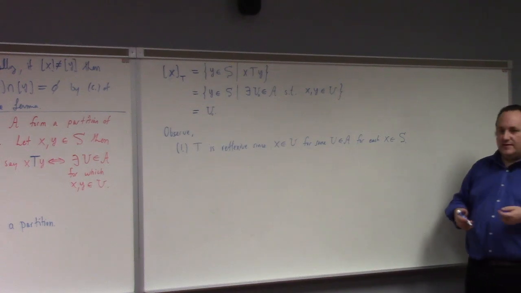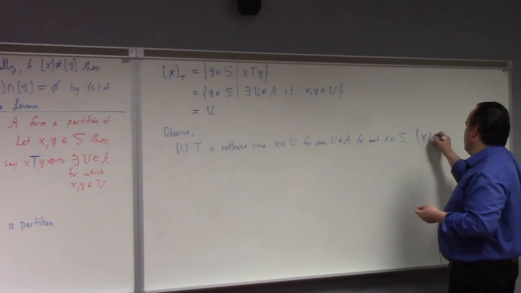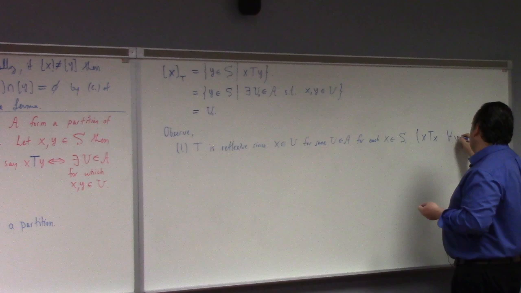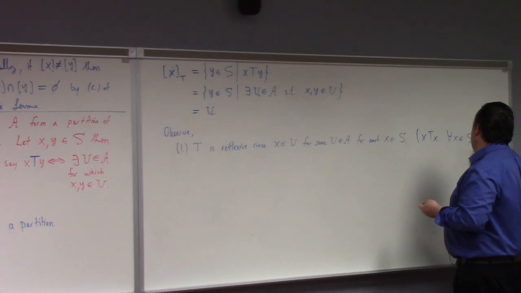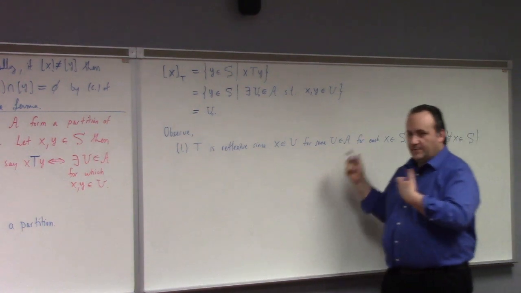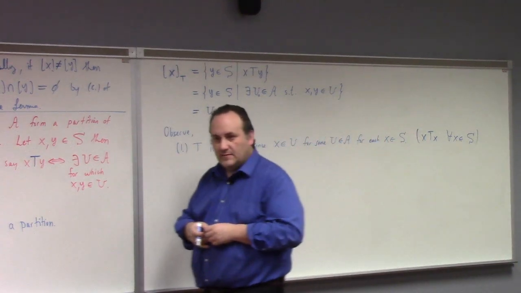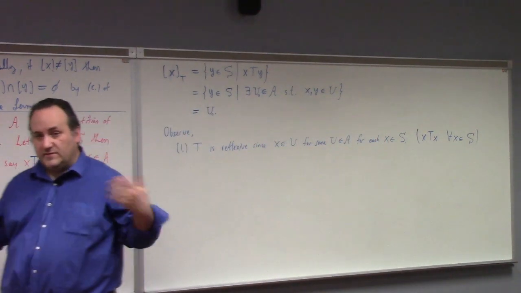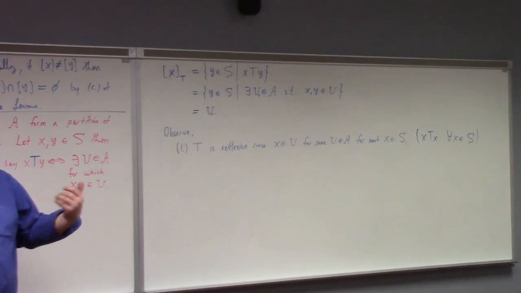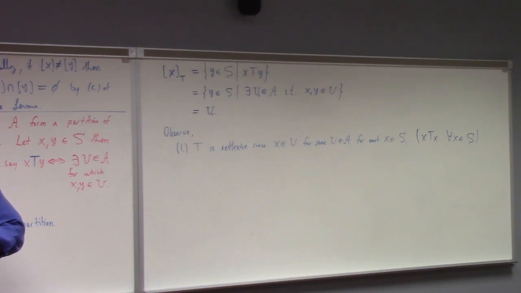Which means that, translating through our definition, x is t related to x for all x in S. How do I know that there is a u in the partition where x is in? What did we assume? It's a partition, right? So that means the union of all these sets, all these u's, forms the whole set S. So therefore, that's why I know that.